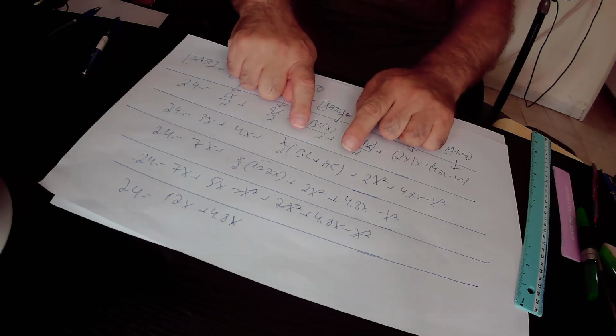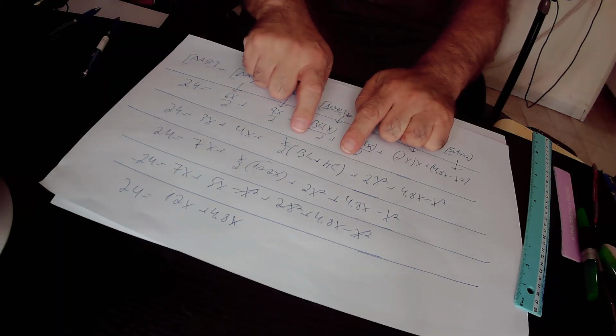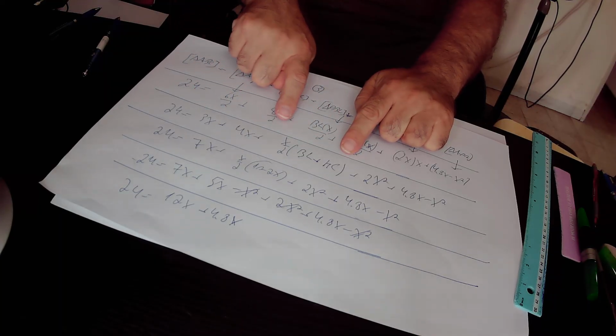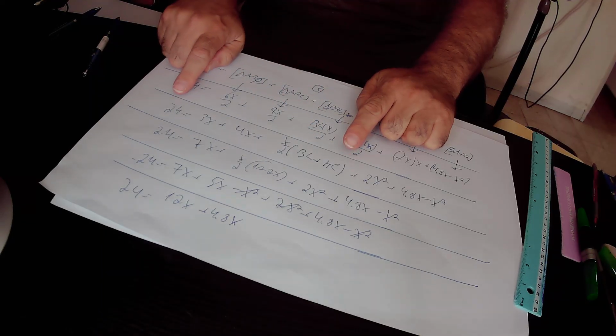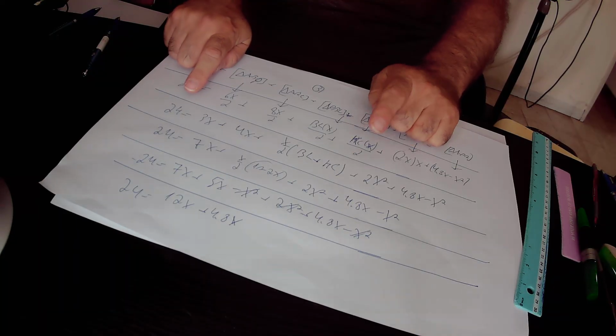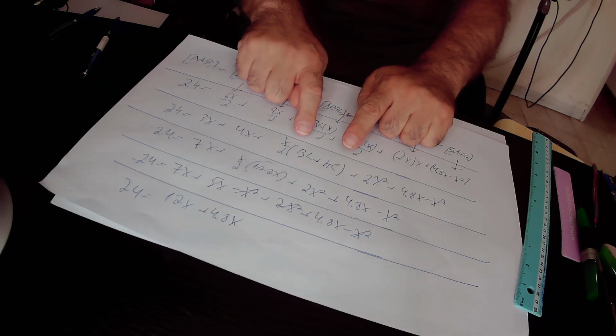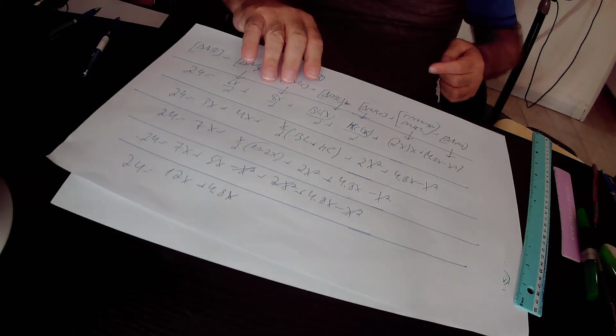We have to express BL plus KC in terms of x, because in this way on one side of the equation will be an expression of x only, and on the other side we have 24, so we have one equation with one variable that we are able to solve. So we have to turn those two, BL and KC, to express them in terms of x.